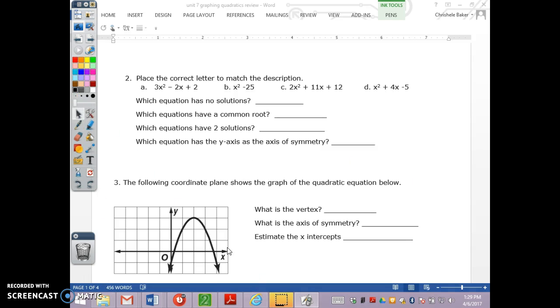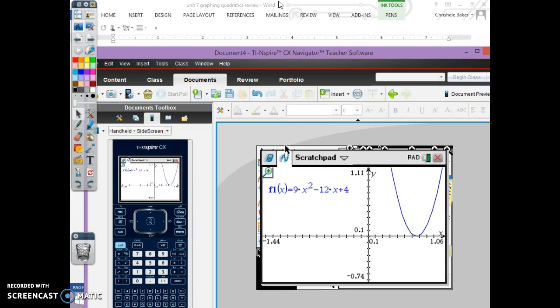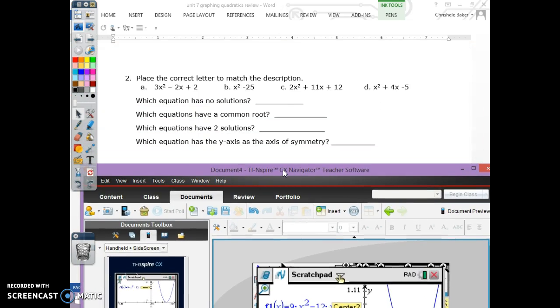So I'm going to get these onto the graph. 3x squared minus 2x plus 2. Okay, press tab to get another one up. X squared minus 25. Okay, press tab. 2x squared plus 11x plus 12. Okay, and last one is x squared plus 4x minus 5.